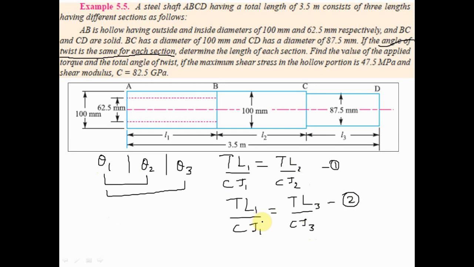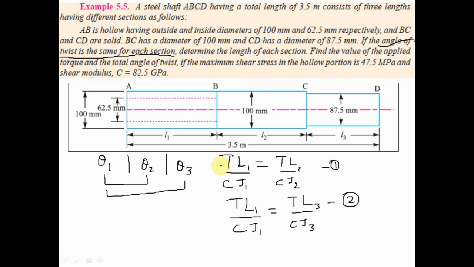And again, the total torque and the material: they have not given the individual materials, they have given the shear modulus as 82.5 gigapascals. They have not given individual moduli for different sections, so it means it is the same material shaft.